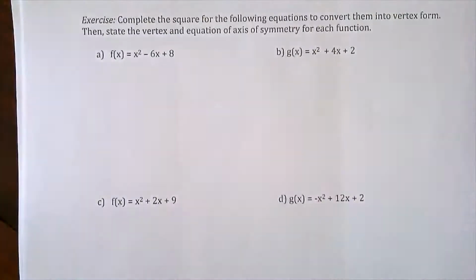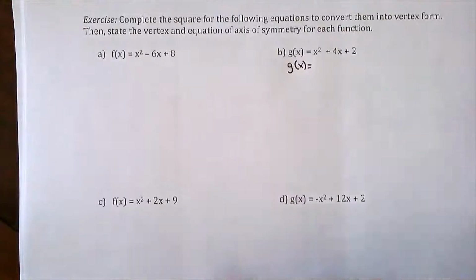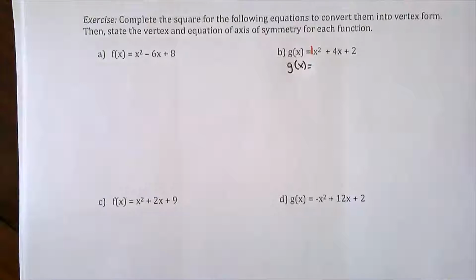So let's take a look at B. We're going to follow the exact same steps that were presented on the previous page, so if you need to refer back to them, please do. The first step is we are going to factor out the a value from the first two terms. Here, the a value is 1, because there's no actual value there, we know that it's just 1x squared.